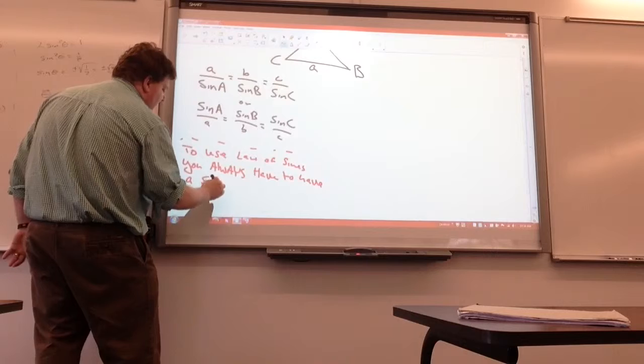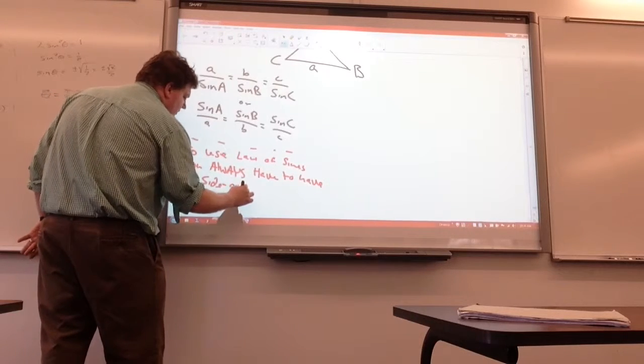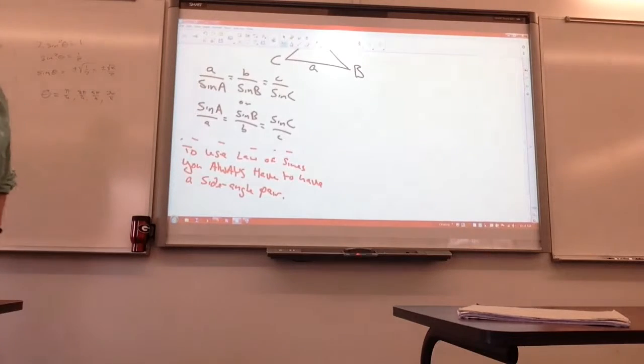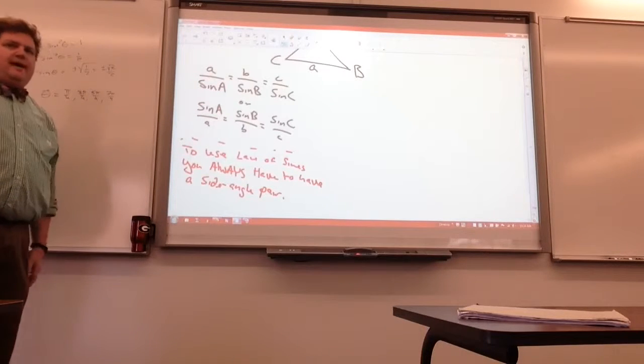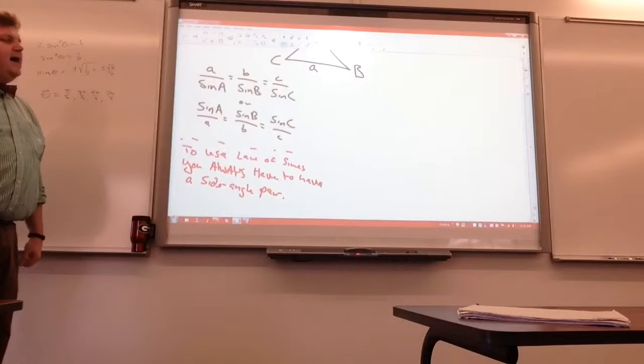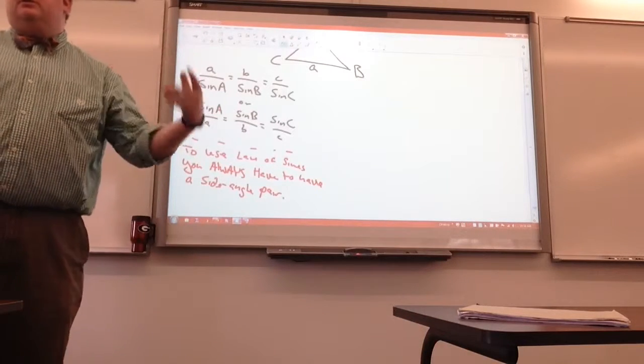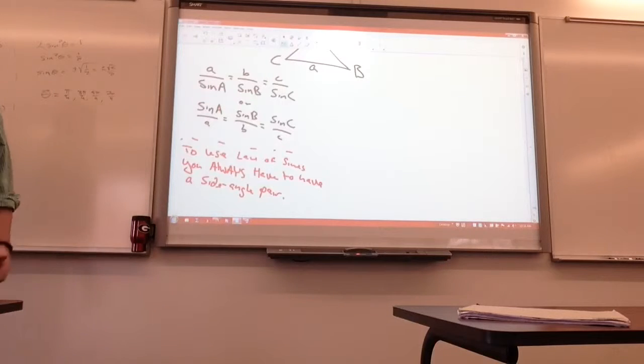So you need a big A and a little a, or a big B and a little b, or something like that. Then obviously some third piece of information, and with that, you can solve, okay?